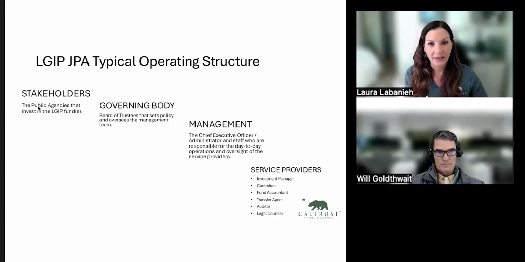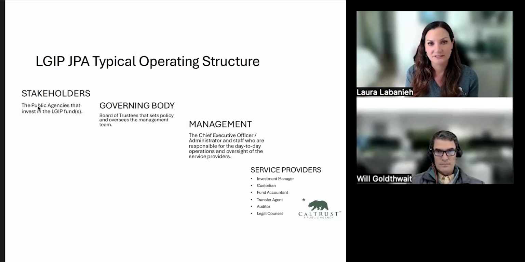For example, with CalTRUST, our governing body is a board of trustees that can flex between 5 and 15 members. The way we get governing body members for our board of trustees is that folks come to us, or we have conversations with folks who are interested in serving on the board of trustees. They share their interest with CalTRUST.